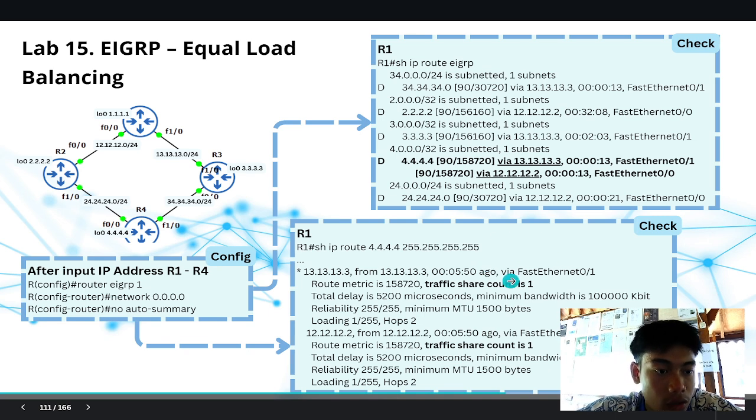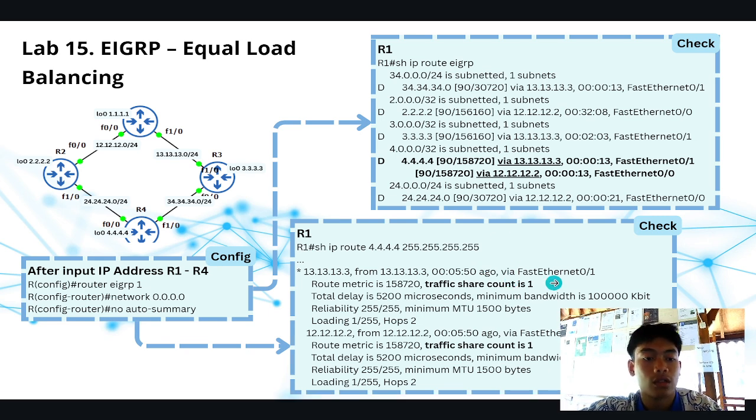Router 1 has two ways to reach 4.4.4.4, and both have equal EIGRP metric 158720. Then EIGRP installs both routes in the routing table.